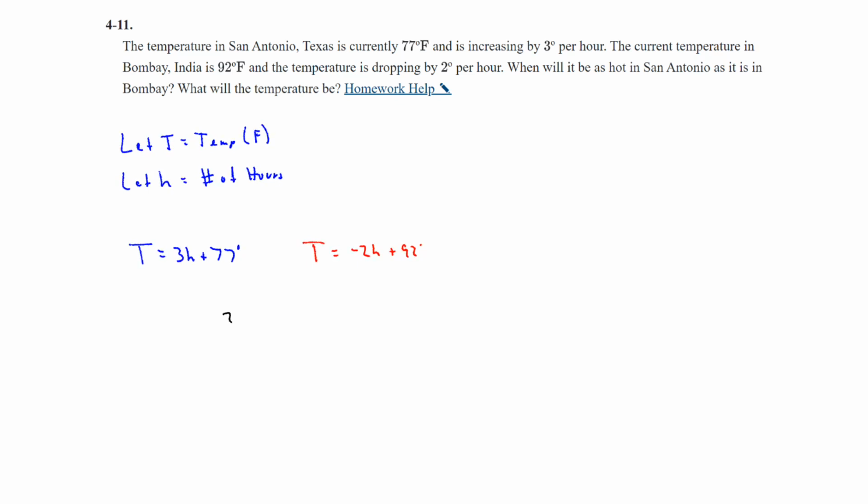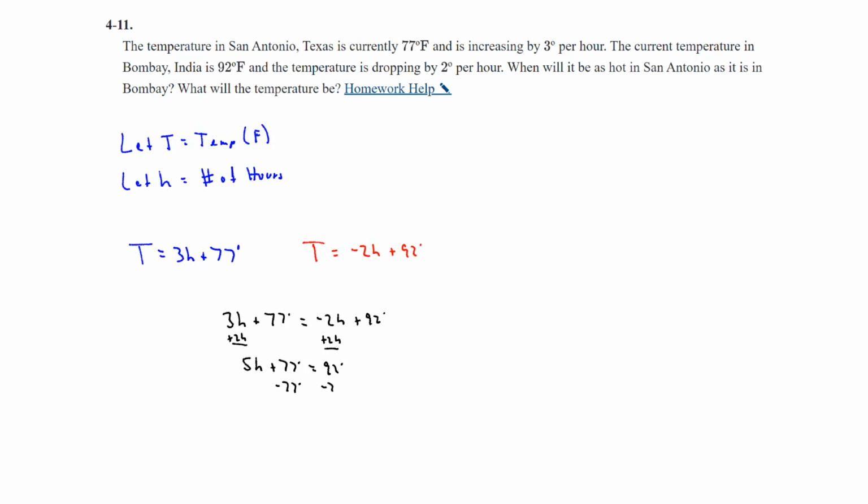So we can set up an equation, and we can either look at it as a system of equations. We can use the equal value method and set the two temperature expressions equal to each other so we can solve for when they are the same. If we add 2h to both sides, that's 5h. And then we have 5h plus 77 degrees is equal to 92 degrees Fahrenheit.